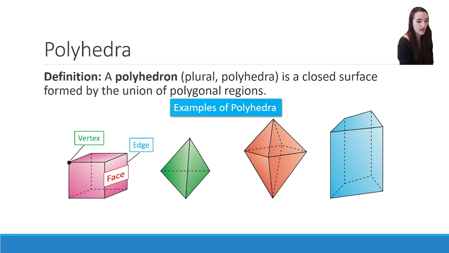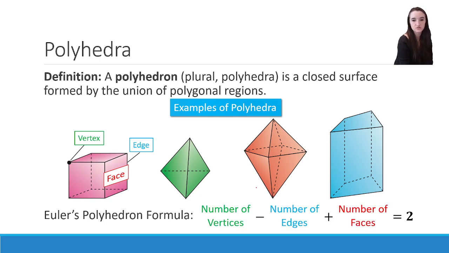So, when we have a polyhedra, just like with a polygon, we have some specific parts that make them up. We have vertices, we have edges, and now we have faces. So faces are each of the sides of our polyhedron. Then the edges are just the literal edges of the three-dimensional figure, and the vertices are the points that make up where the edges meet or where the faces meet.